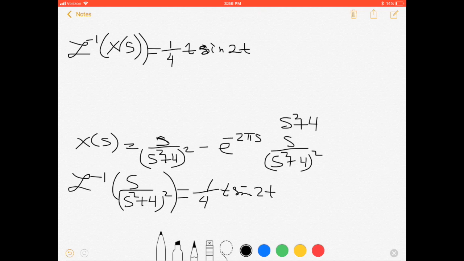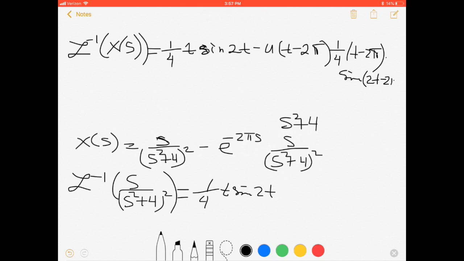and because here we have an exponential, this means the unit step function at t minus 2 pi and 1/4 (t minus 2 pi) multiplied by sine 2(t minus 2 pi).